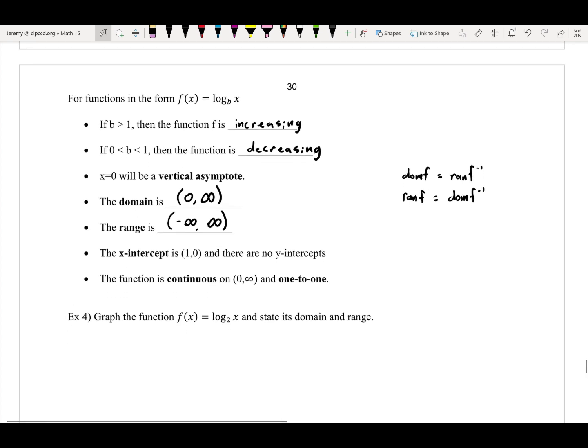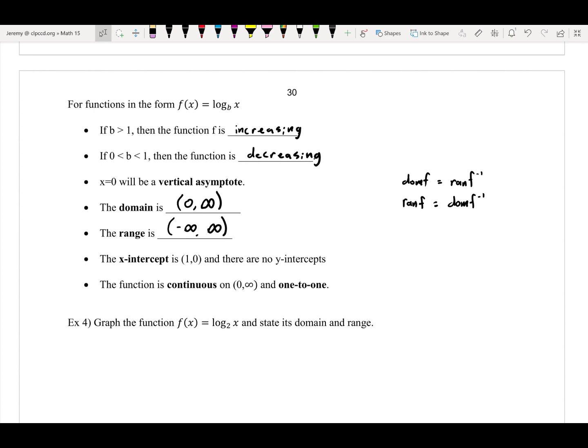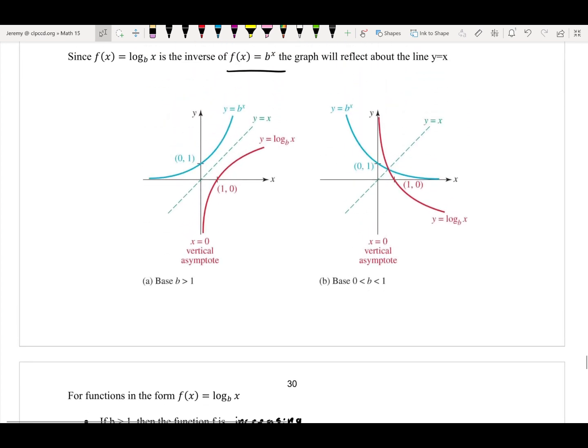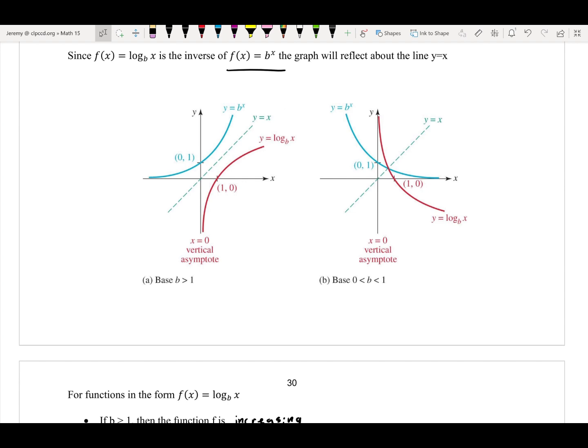Okay, and then we have an x-intercept at 1, 0. Sorry, I know I'm bouncing quickly between the graph and these properties here, but remember, for the graphs of exponential functions, if it's in the form y equals b to the x, we're guaranteed the ordered pair 0, 1. So we're guaranteed that y-intercept.